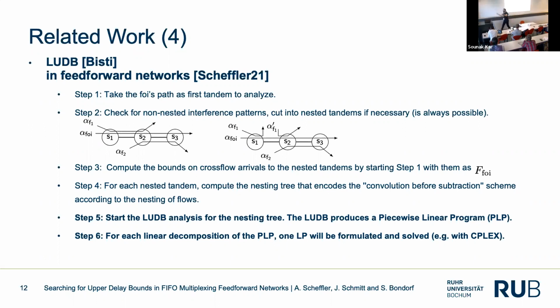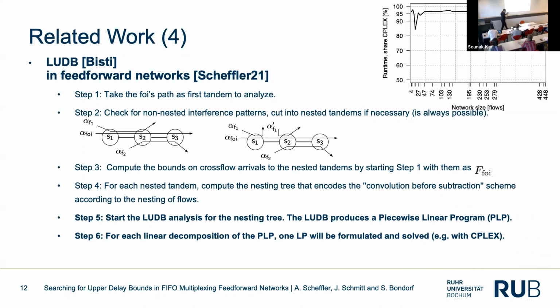And then you take the least upper delay bound from that. So that's one of the sources this name comes from. That's what Alexander implemented, especially the Cplex part, because we don't want to implement our own optimization. And unfortunately, it turned out that this part takes more than 95% of the runtime of the analysis on average. So the natural question is, what can we do?